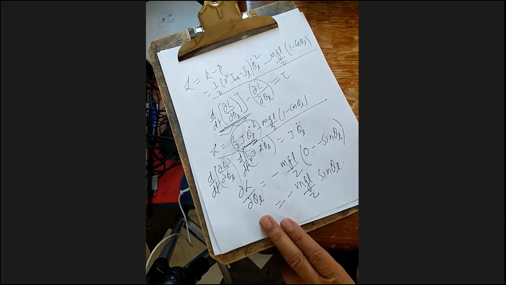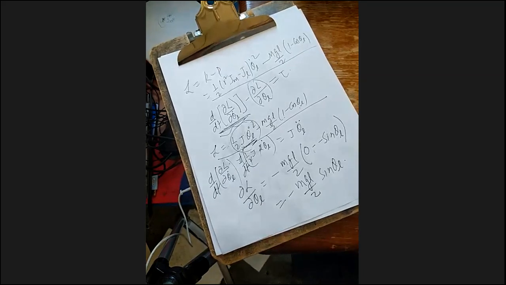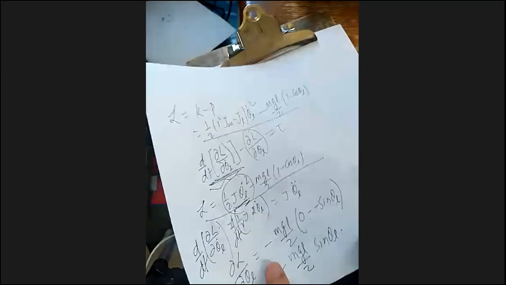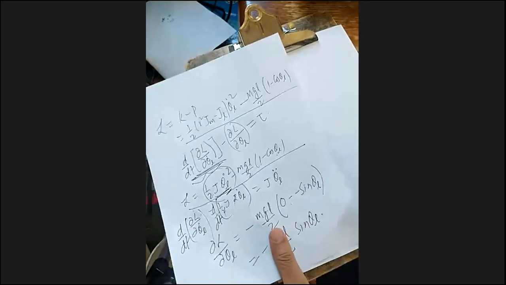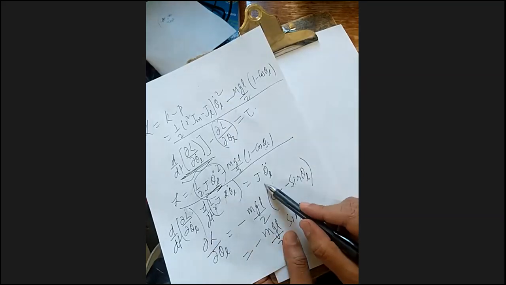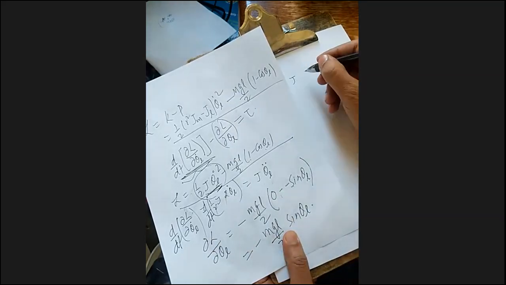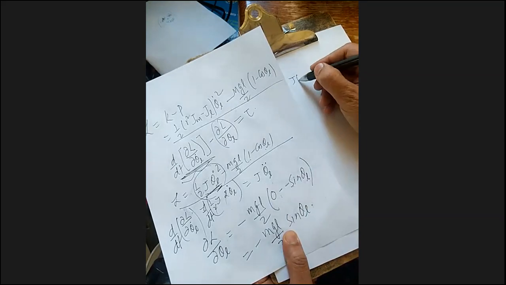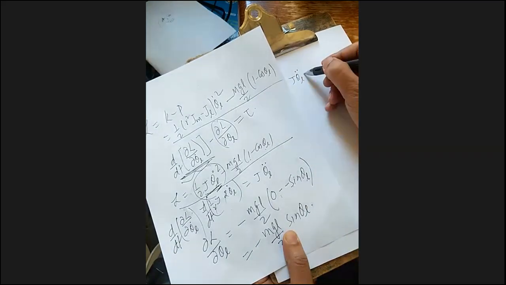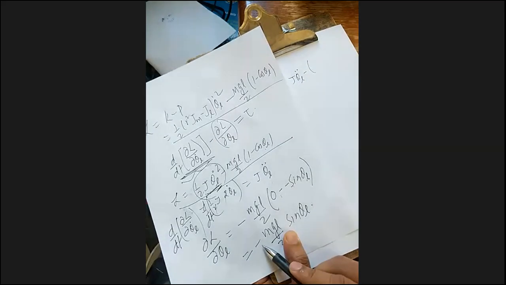Then what is your Lagrangian? Your Lagrangian is two terms together, right? So this is J theta L double dot, and minus, you have minus here.